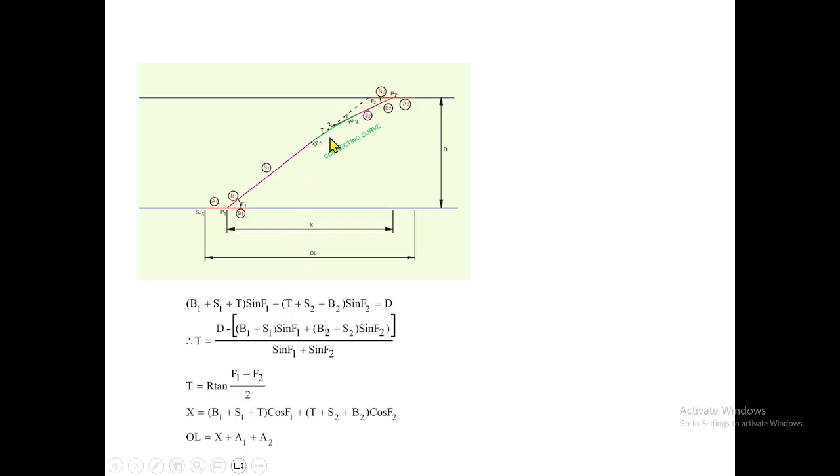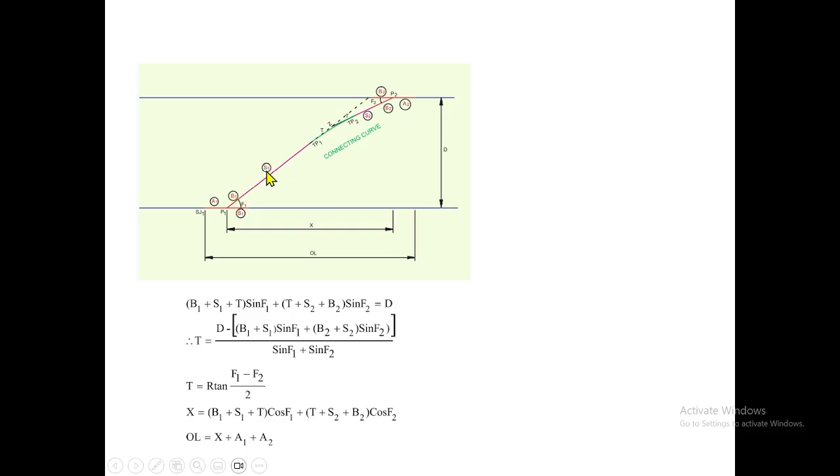Now we have the tangent length, so we can make some triangles and find out the horizontal distance up to the point of intersection. So for the X distance, we can take this triangle first.